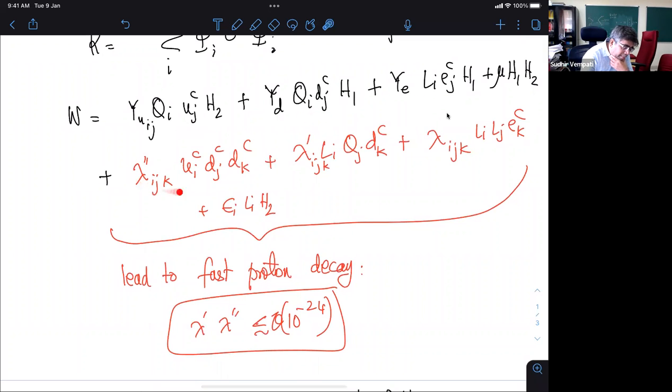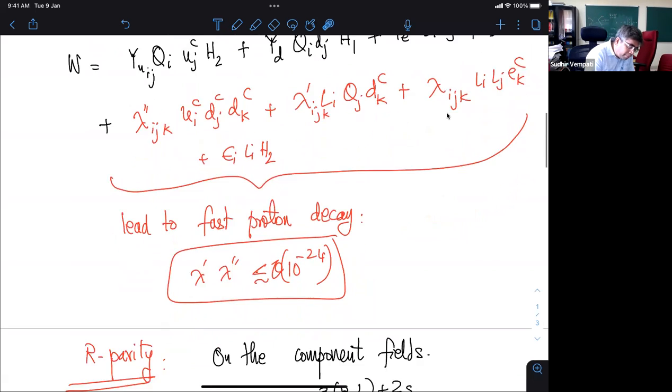Whereas this one has three matter fields, so this is R parity violating, R parity violating, R parity violating, R parity violating. So an odd number of matter fields will be essentially disallowed by the R parity symmetry.